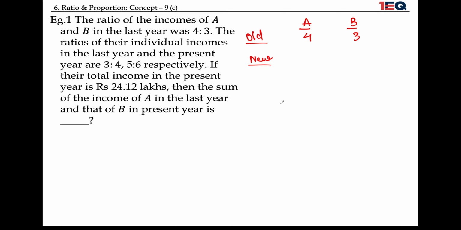The ratio of the individual incomes of the last year and the present year is 3 is to 4 for A and 5 is to 6 for B. If their total income in the present is 24.12 lakhs, then find the sum of the income of A in the last year and B in the present year. I would like you to think about how I will proceed, and then within the next 30 seconds, I'll start the question.